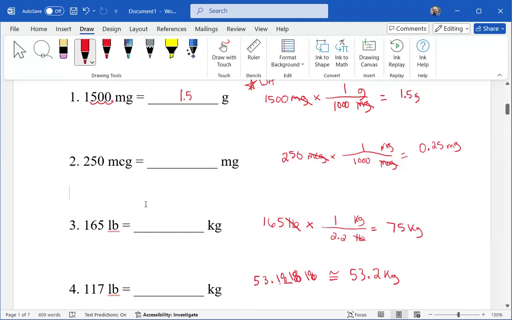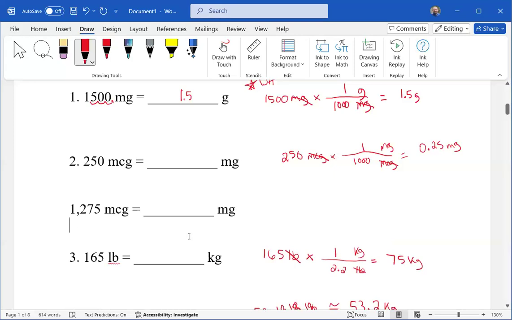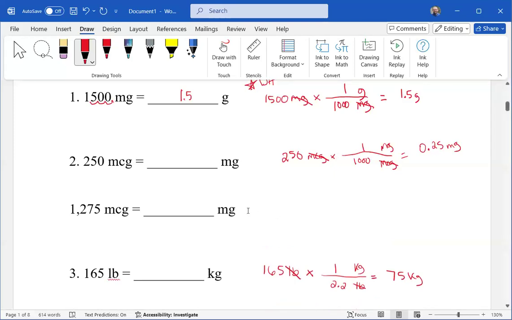Let's say I had something like 1,275 micrograms, and I want to know how many milligrams that was. So basically, this is just an extra question to help illustrate some things when we get our answer.